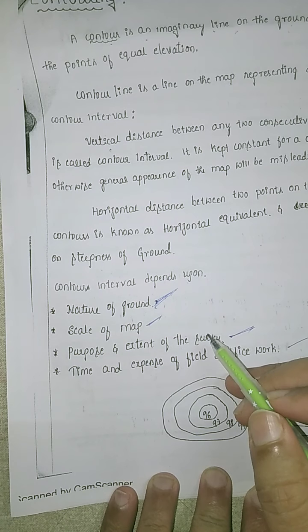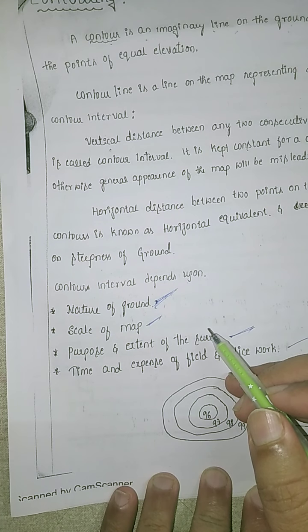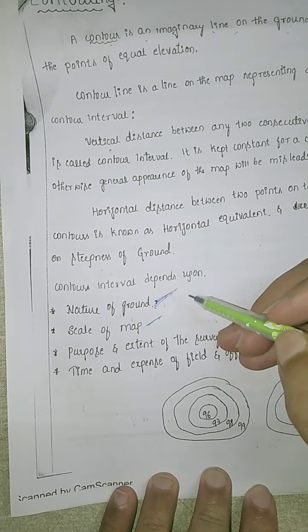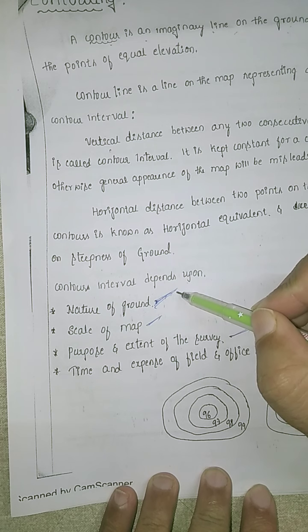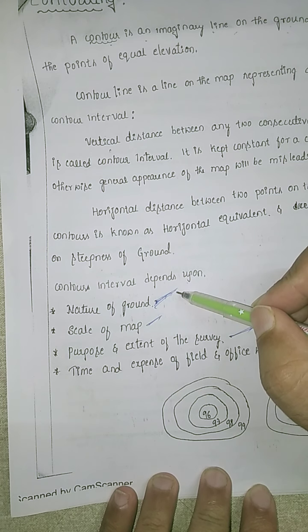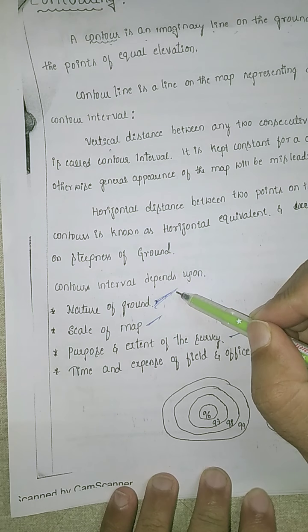Now we will come to the nature of the slope. The contour interval depends on whether the country is flat or highly undulated, as I have told in the previous diagram. A contour interval chosen for flat ground will be highly unsuitable for undulated ground.